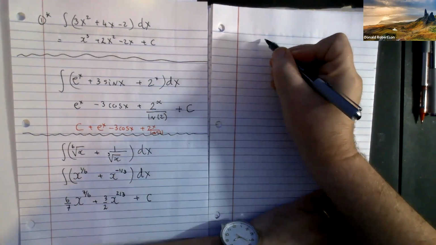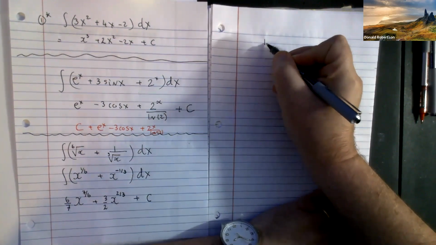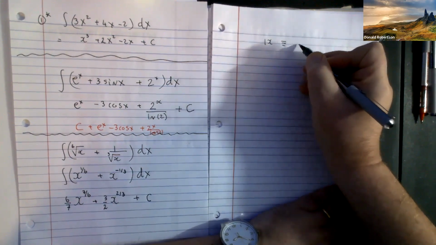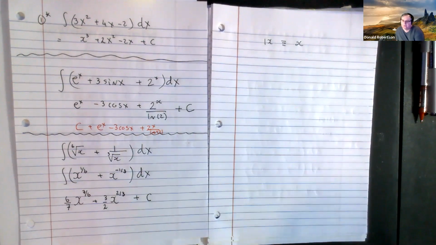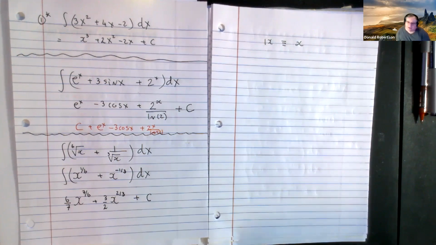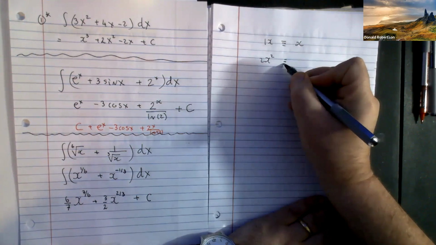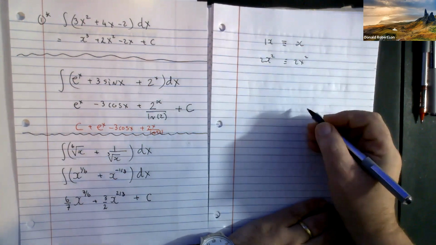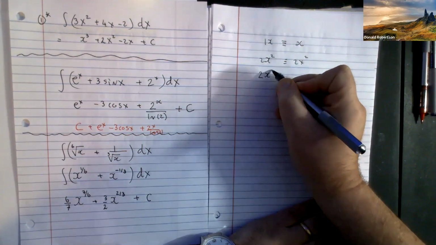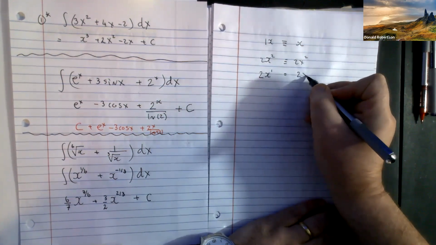We have come to the conclusion that if you've got 1x, everybody writes x. Agreed? You don't write 1, you don't need it, you call it x. If you've got 2x squared, you need 2x squared. But if you have 2x to the power of 1, don't you just write 2x?